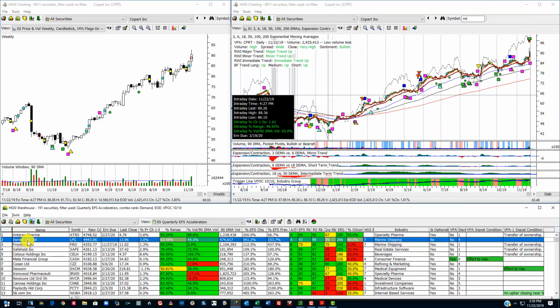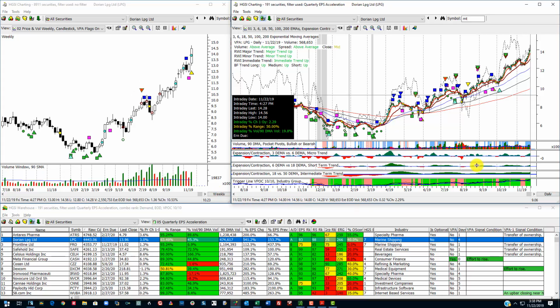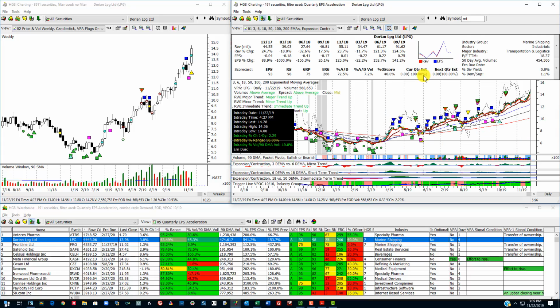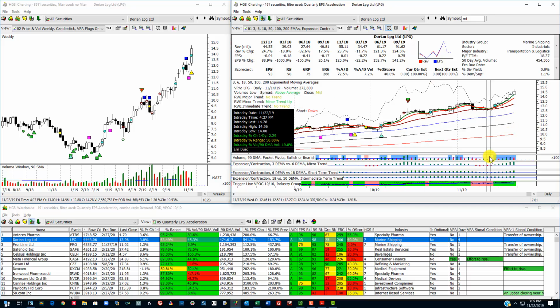Here's a stock that I just got out of. We'll probably get back into it. I closed some positions down yesterday, and I should have just left this one open, but I didn't, so I can always get back in.